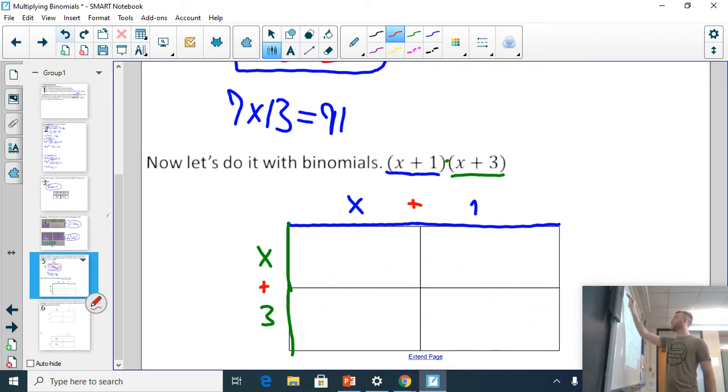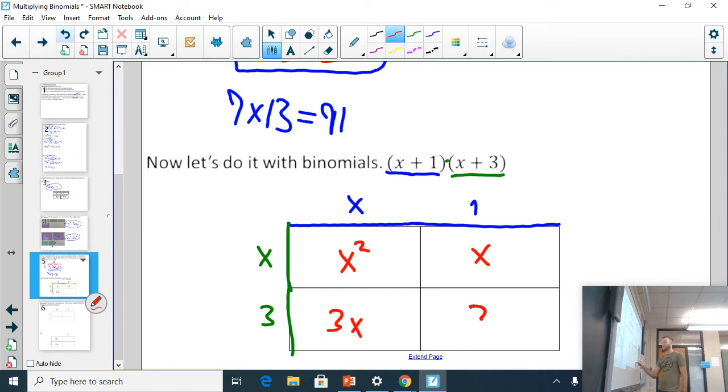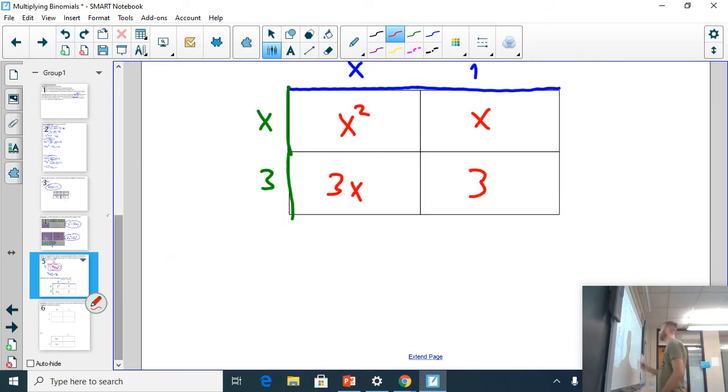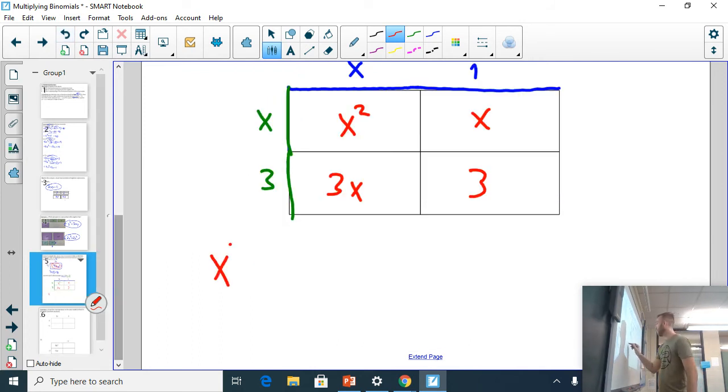So let's just compute that. Well, we can do it rectangle by rectangle. We know x times x is x squared. And then x times 1 is x. And then x times 3 is 3x. And then the last one here, 3 times 1 is going to be positive 3. And now we can put all of that together. So we have this x squared up top.